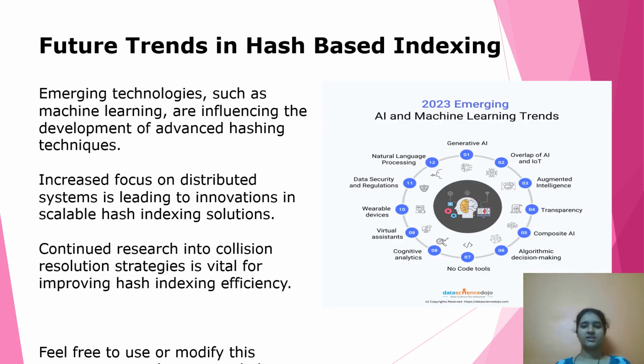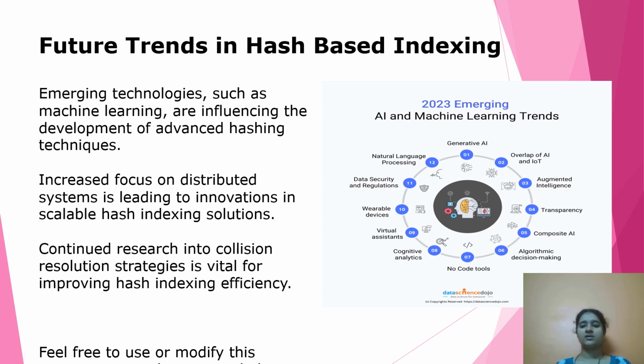Future trends in hash-based indexing. Emerging technologies such as machine learning are influencing the development of advanced hashing techniques. Increased focus on distributed systems is leading to innovation in scalable hash indexing solutions. Continued research into collision resolution strategies is vital for improving hash indexing efficiency.